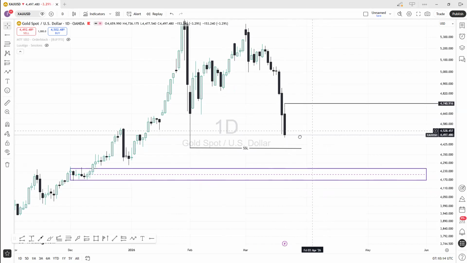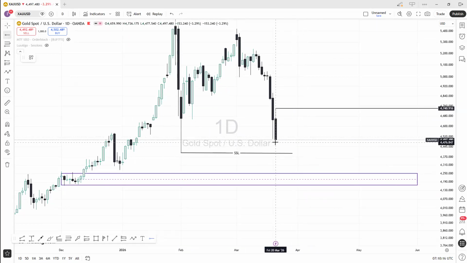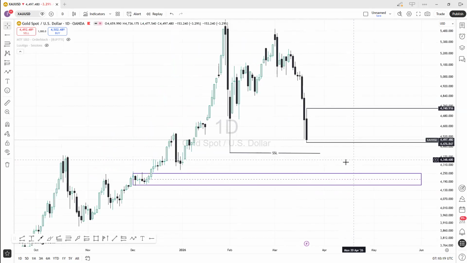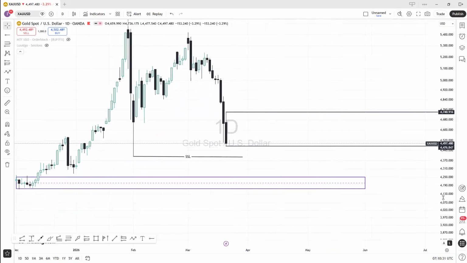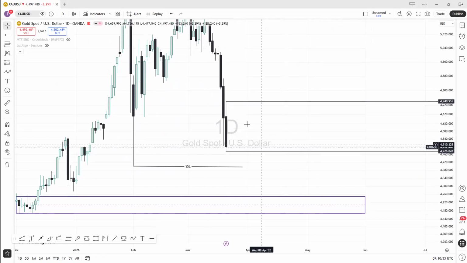We have to find sell opportunities within this daily range that we marked. Then our target is on that liquidity first, and then also in the deep discount area, we have this weekly order block, or weekly demand.